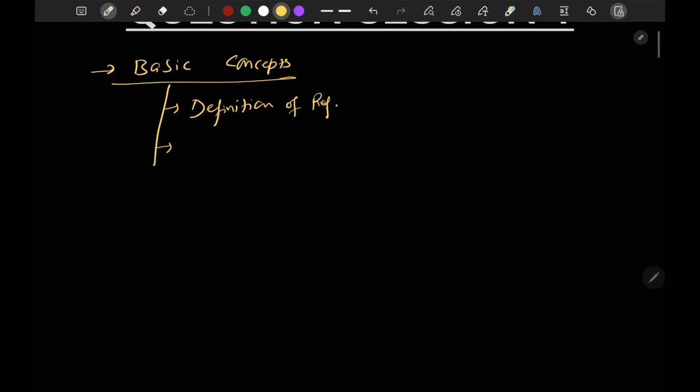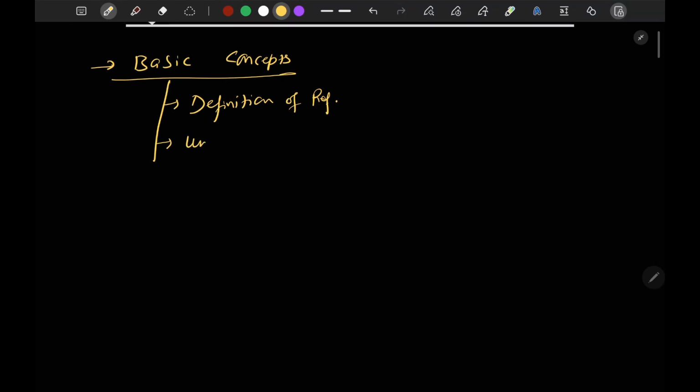So in basic concepts, in our lecture, we have first seen the definition of refrigeration. Second point, we have seen the unit of refrigeration, or you can also say the rating of refrigeration.